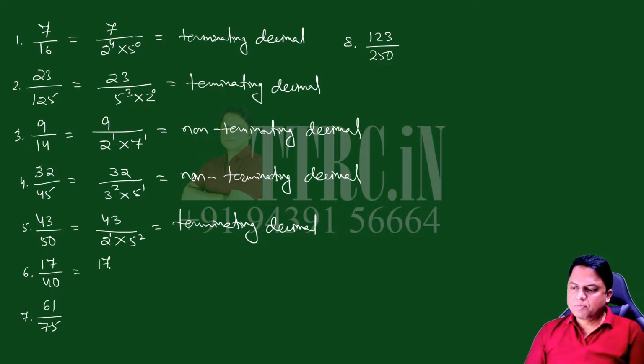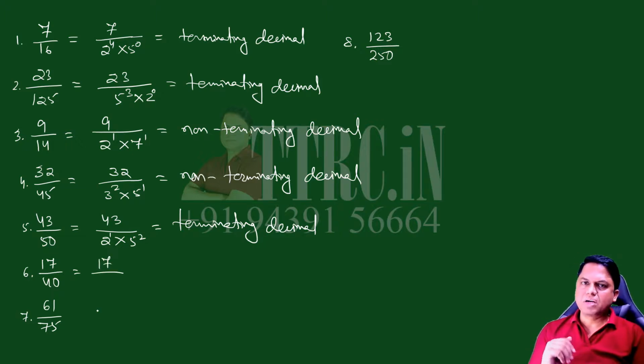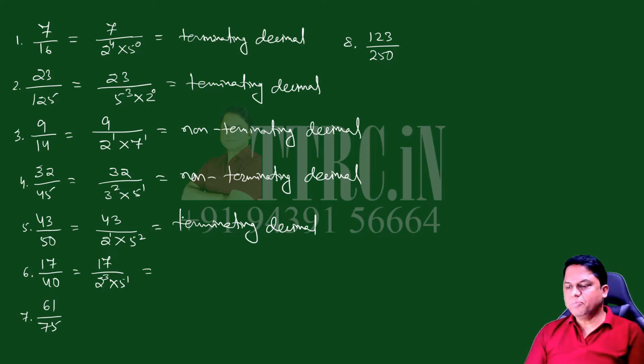The next one, 17 divided by 40. 40 means 2 times 2 is 4, times 2 is 8, times 5 is 40. So 2 to the power 3 multiplied by 5 to the power 1. Again the factors are either 2 or 5, nothing else. So definitely it is a terminating decimal.